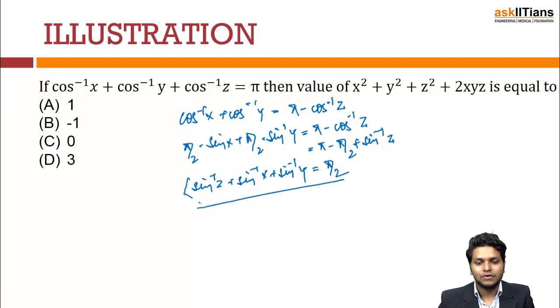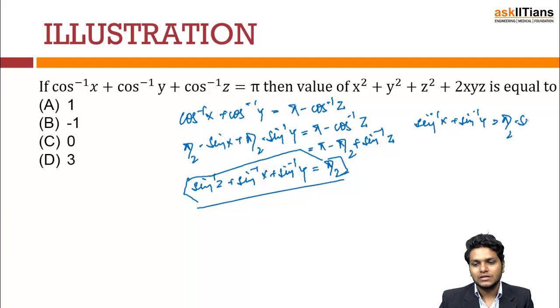Now this is the relation that I have found from the given question. Now I think I can take one sine to the opposite side, and that will be, suppose, sin inverse x plus sin inverse y equals pi by 2 minus sin inverse z. Now I think I can use the formula for sin inverse x and sin inverse y in this case, and then this will become sin inverse of x root over 1 minus y square plus y times root over 1 minus x square.